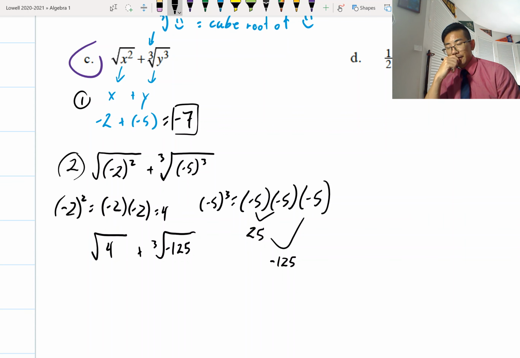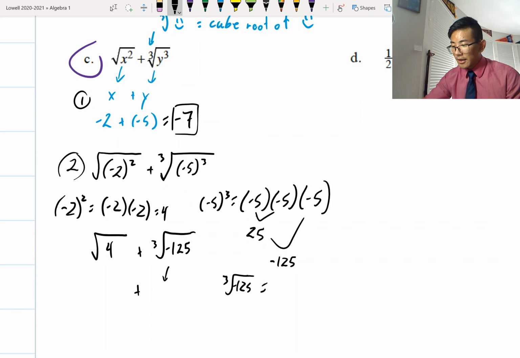Okay, there's something very important here. So actually, we can do this one real quick. The cube root of -125 is some number. I'll just call that number stick person.